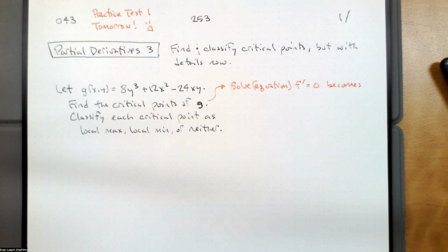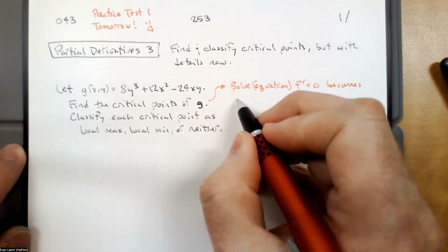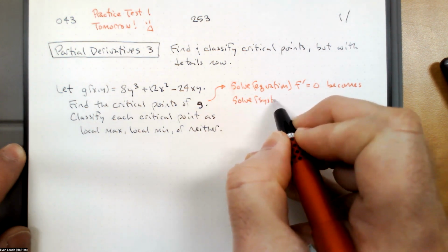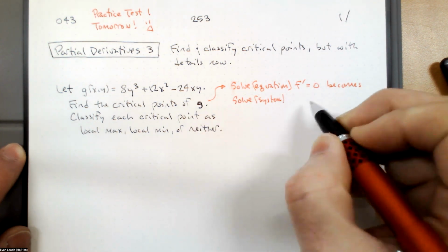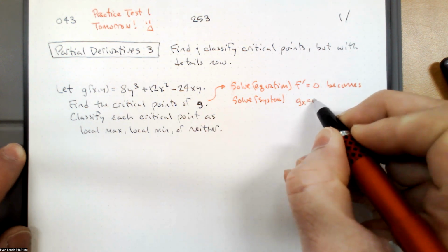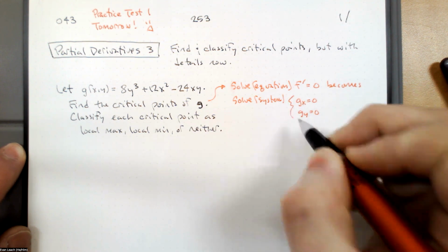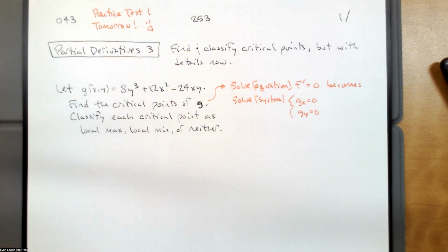This becomes solve the system gx equals 0 and gy equals 0, because we have two derivatives for two variables.